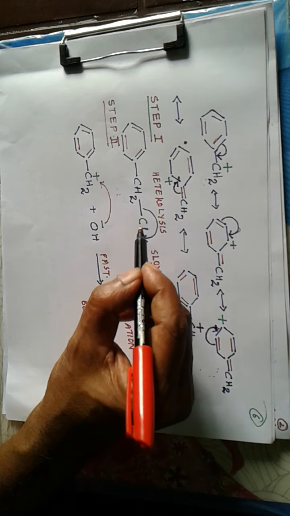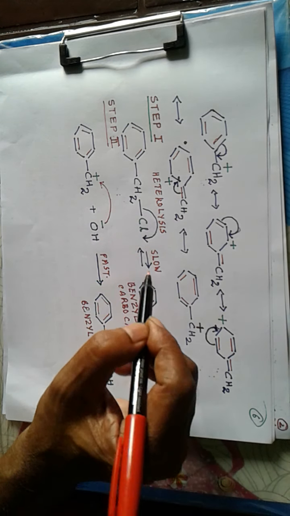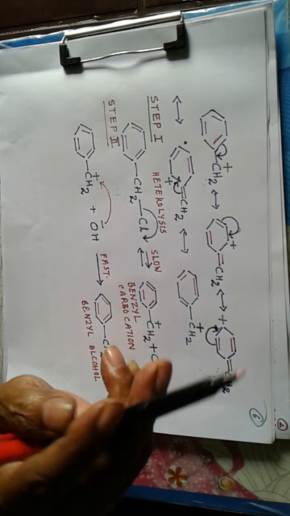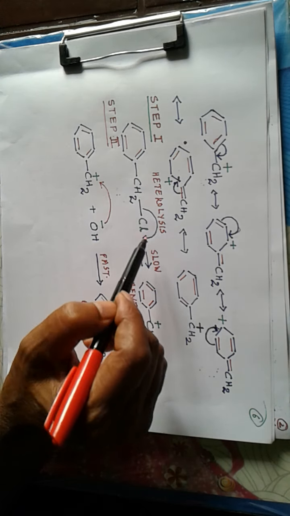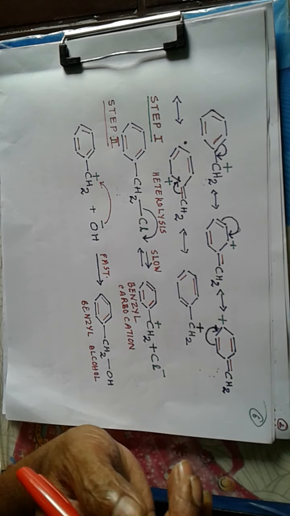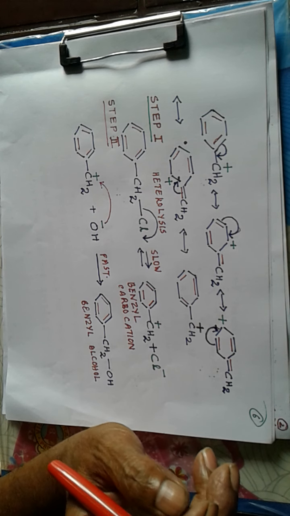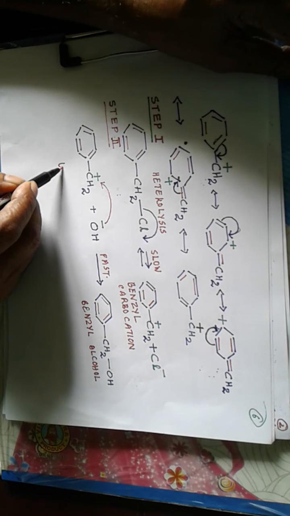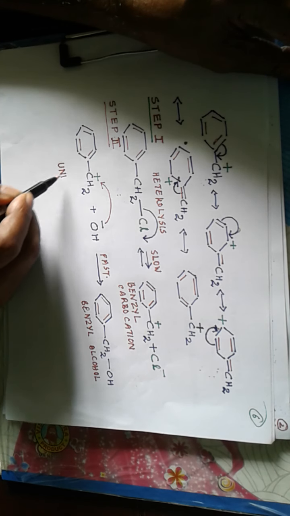And the slowest step is step 1, in which only one molecule is taking part, and this is also called the rate determining step of the reaction. Since only one molecule is taking part in the rate determining step, it is called a unimolecular reaction.